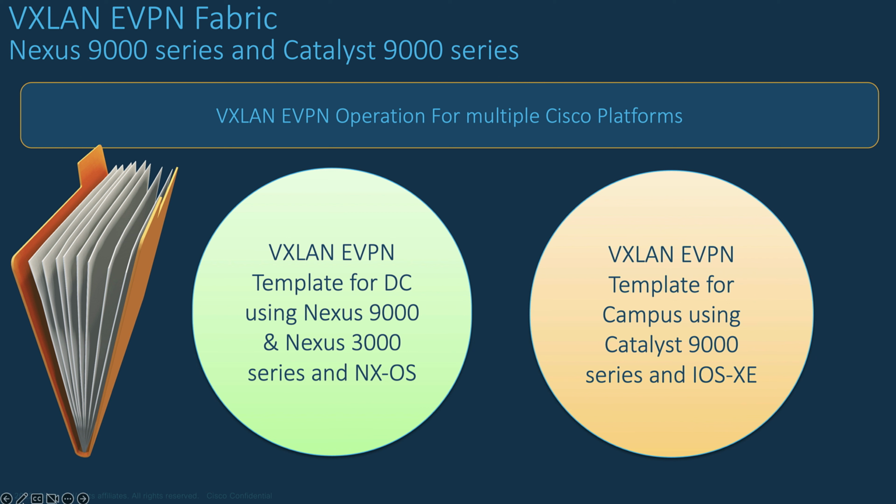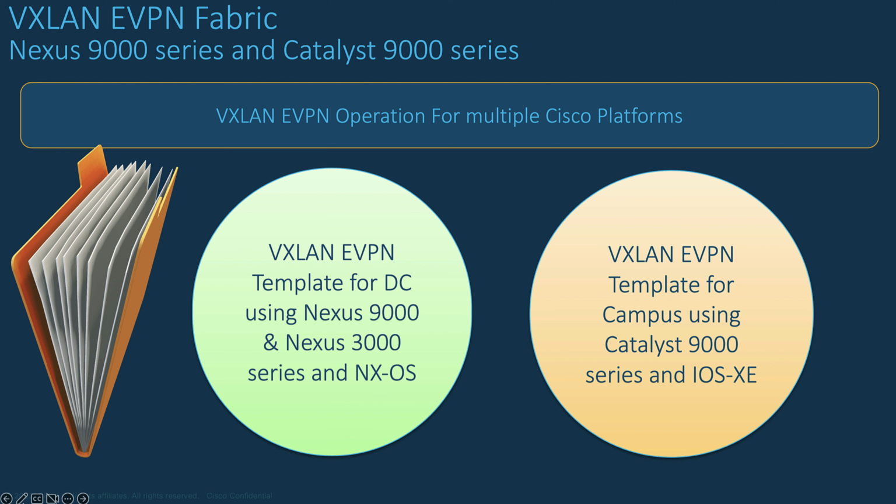However, if for any reason you wish to deploy VXLAN EVPN based on IOS XE, you can fully automate the deployment of a VXLAN EVPN fabric for the campus using the Cisco Catalyst 9K series switches and a dedicated fabric template used for that campus network. You can onboard only Cisco Catalyst 9K running IOS XE into this fabric.